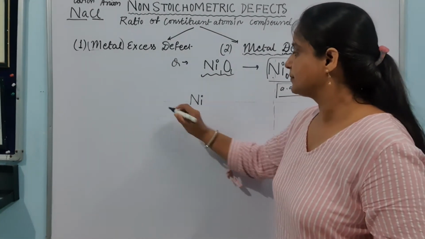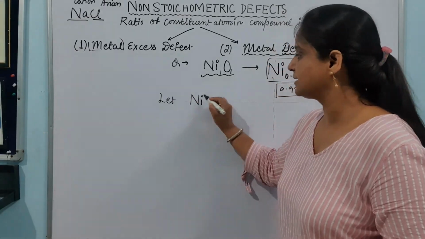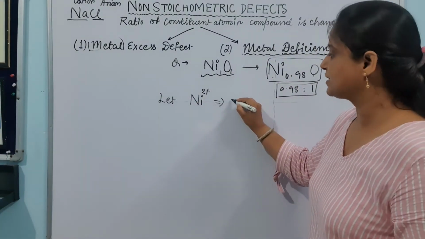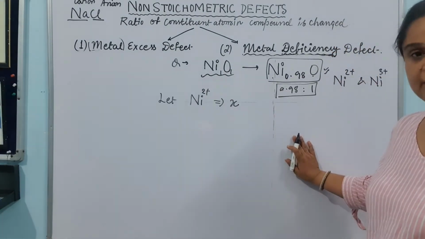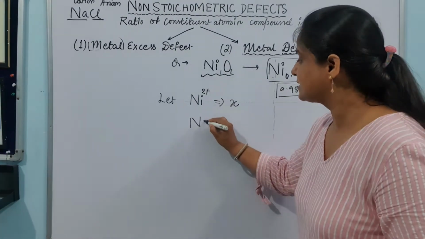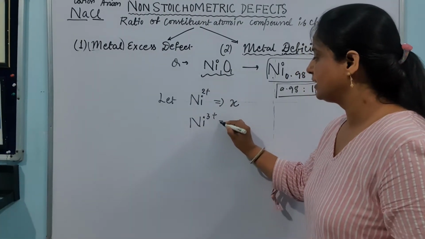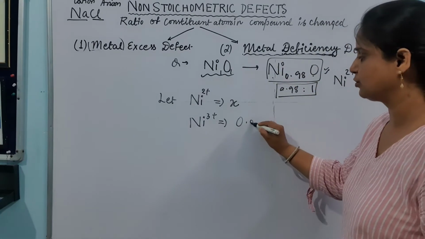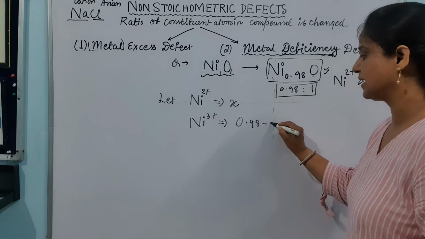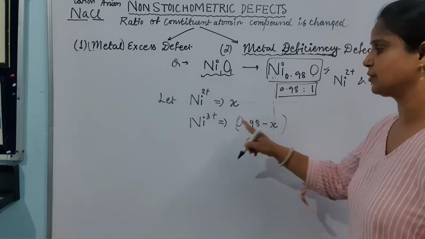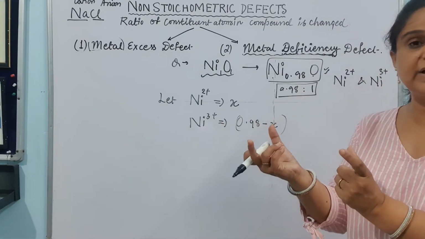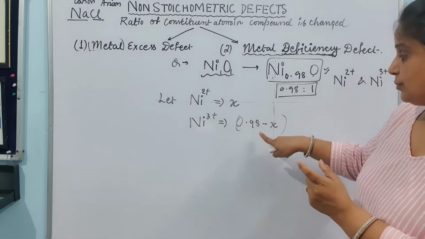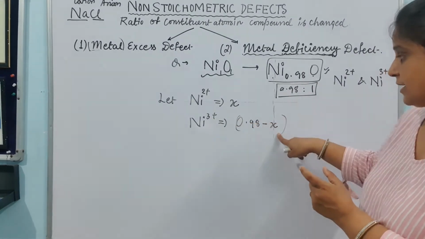Suppose Ni+2 ions in this particular crystal are X. Okay. So how many Ni+3 ions will there be? In total there are 0.98, so total 0.98 minus X. This will be the number of Ni+3 ions, because the total is 0.98, out of which X are Ni+2.